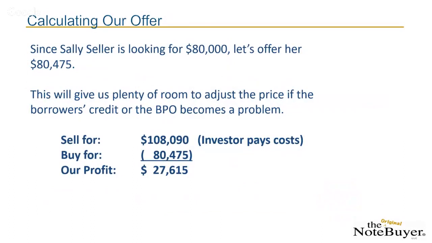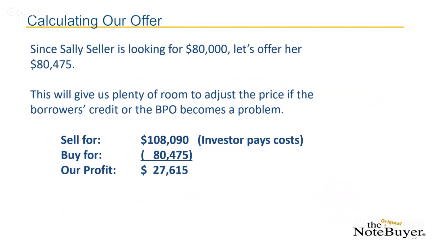So since Sally Seller's looking for $80,000, I said, let's offer her $80,475. I simply added a little cushion so she didn't feel like we just offered her that amount because that's what she was asking for, because then she might feel that she'd left money on the table.